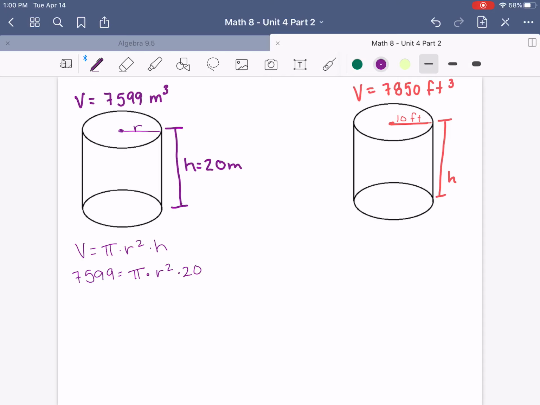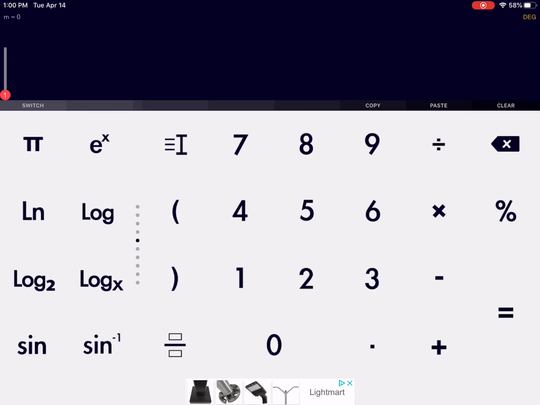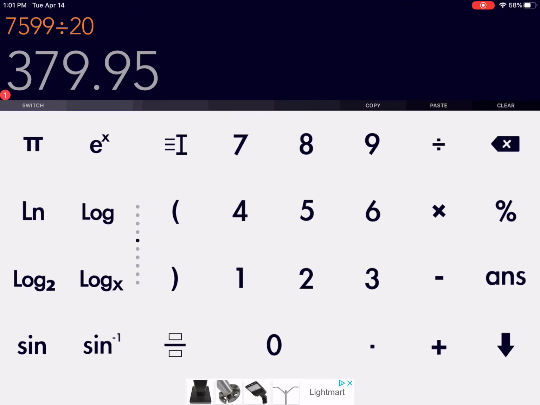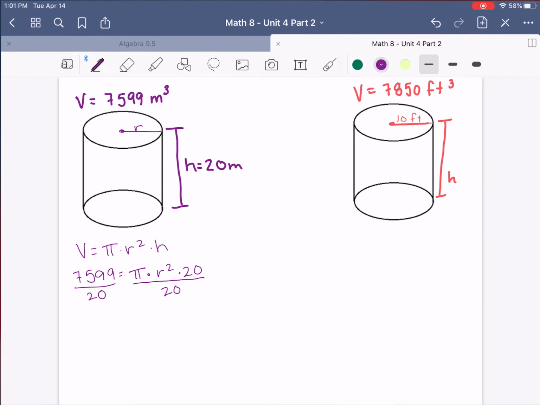Okay, and then we start dividing. So the first thing I'm going to do is divide both sides by 20. So 7599 divided by 20, double checking to make sure I got that number. Yep, and that equals 379.95.